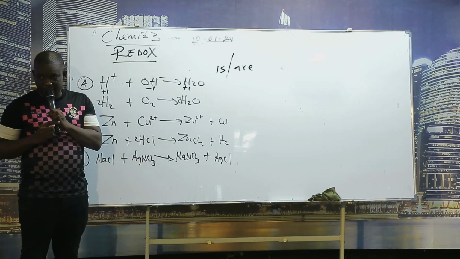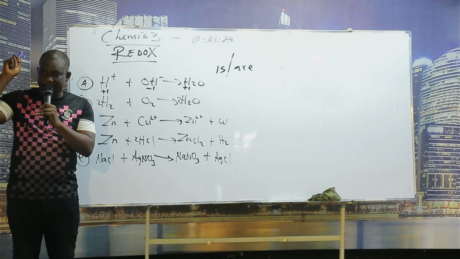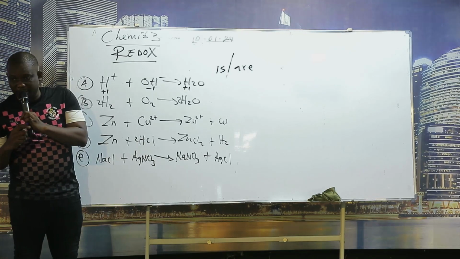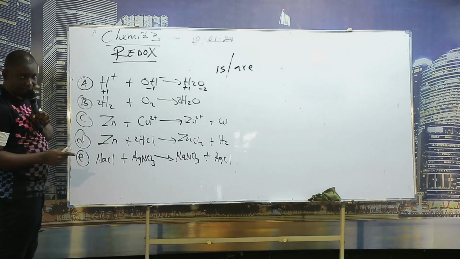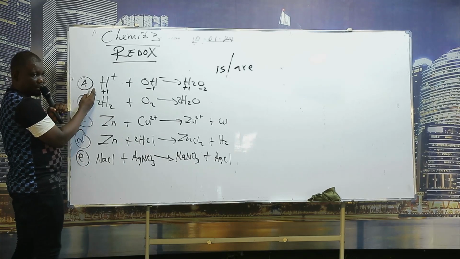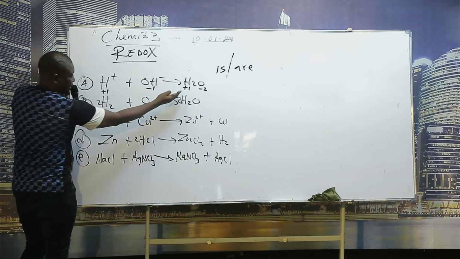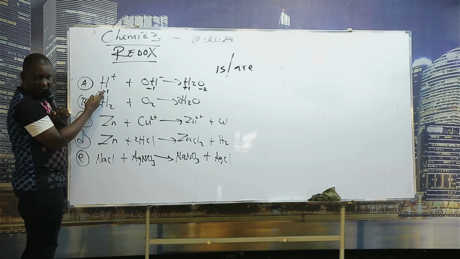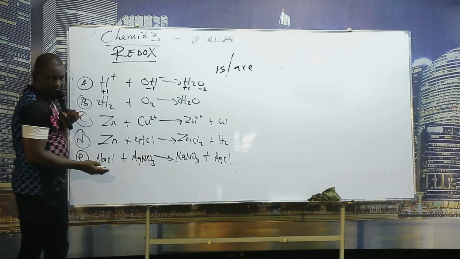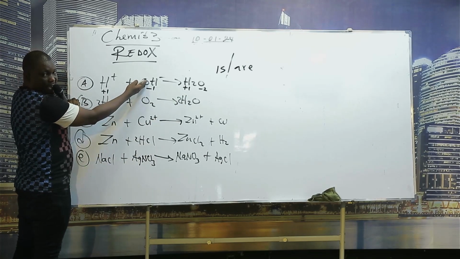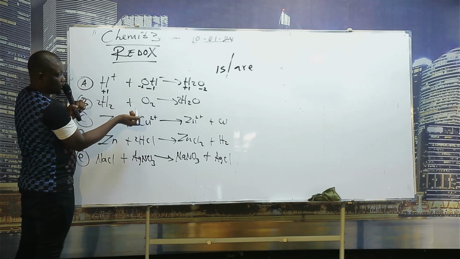Another rule says the oxidation state of oxygen in a combined state or compound is -2. Check the reactant: H is +1 in the reactant and +1 in water as product. No change. Oxygen is -2 here as well.